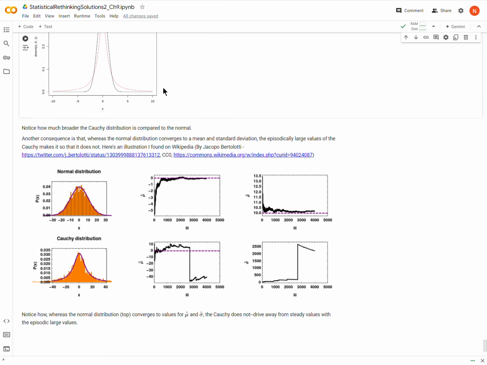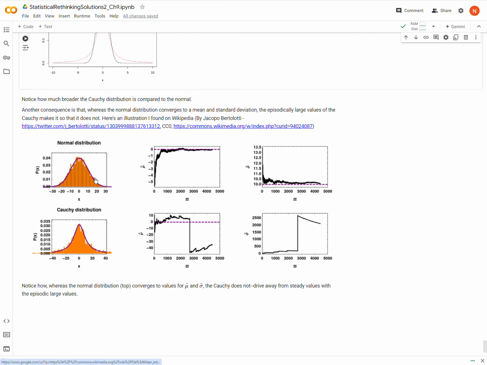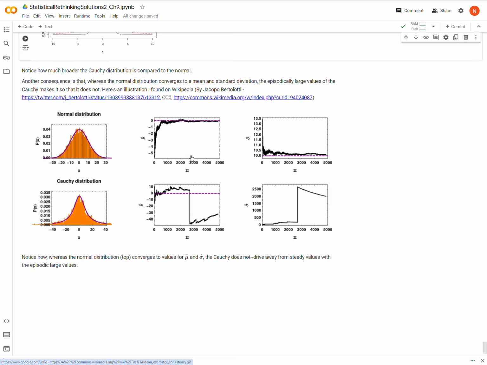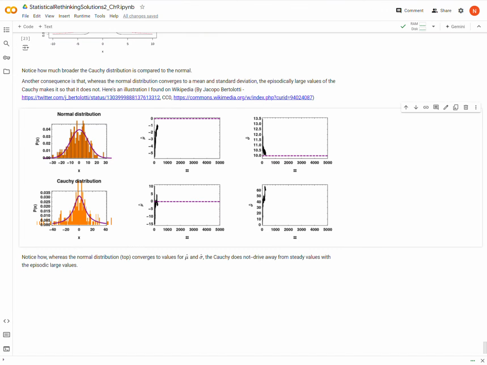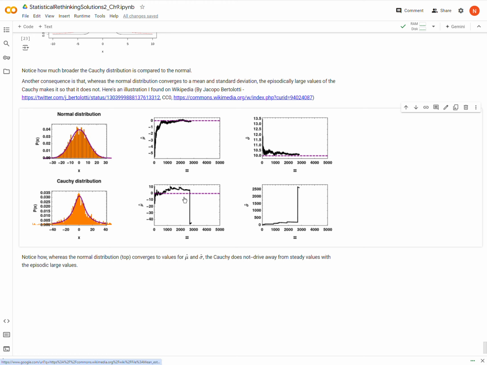Another consequence is illustrated here. This is something I found on Wikipedia, by a man named Jacopo Bertolli, so sorry about the pronunciation. We have a normal distribution and a Cauchy distribution.